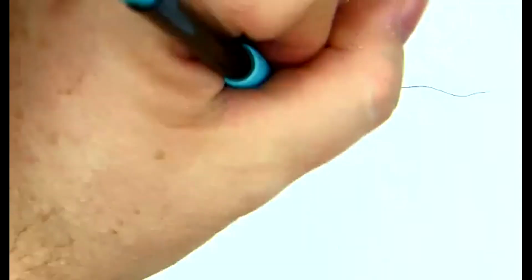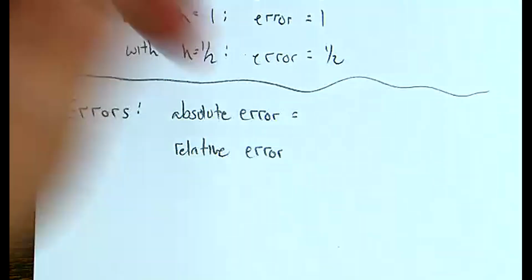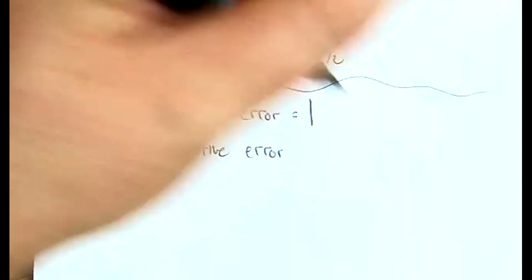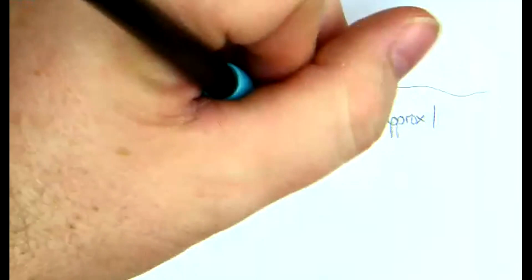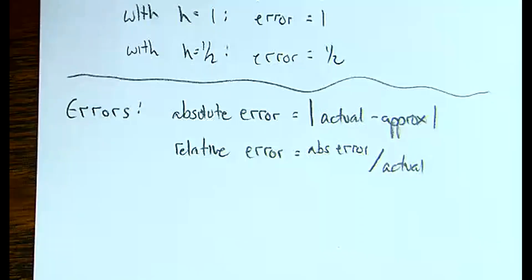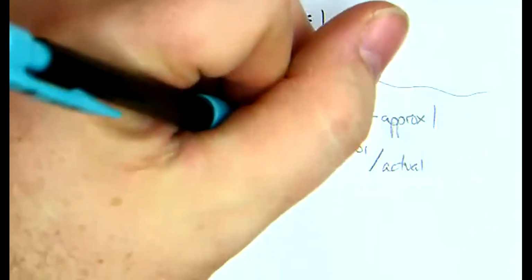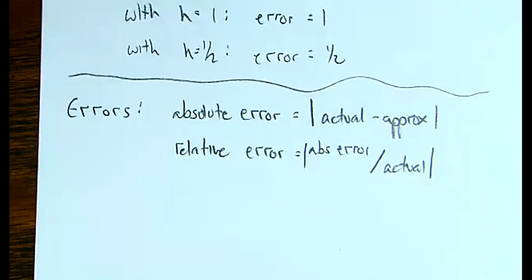The absolute error is going to be the magnitude of the actual value minus the approximate value. And then the relative error is going to be the absolute error divided by the actual value. And we don't really care about the sign here, whether it's positive or negative. So I'm just going to put absolute value bars around both of these.